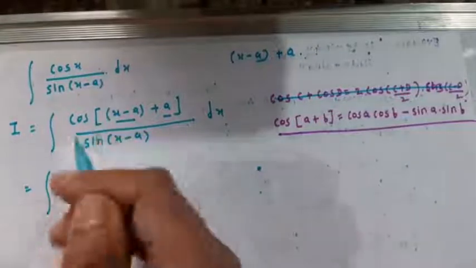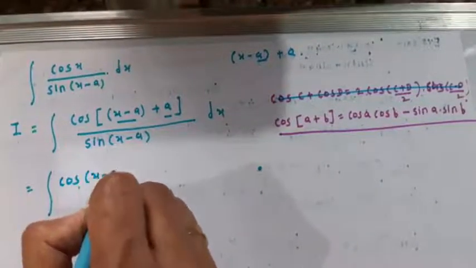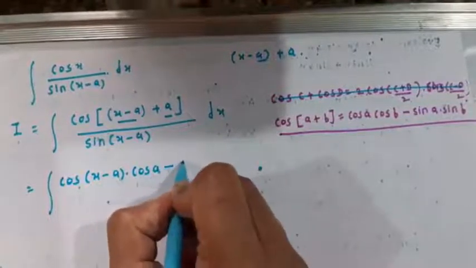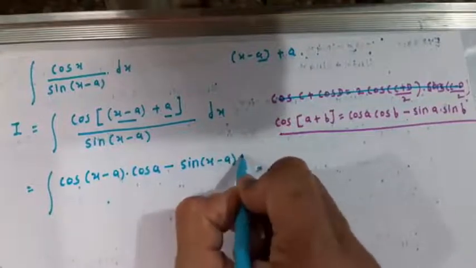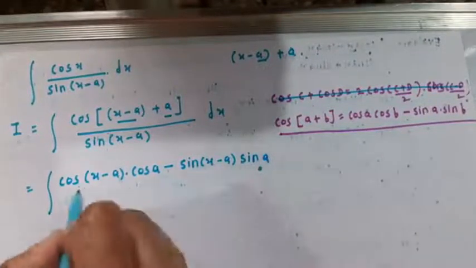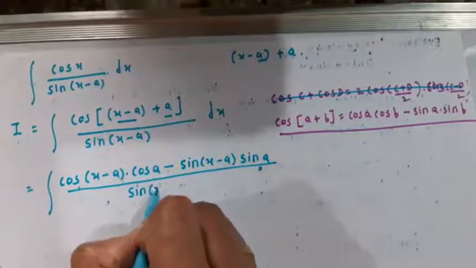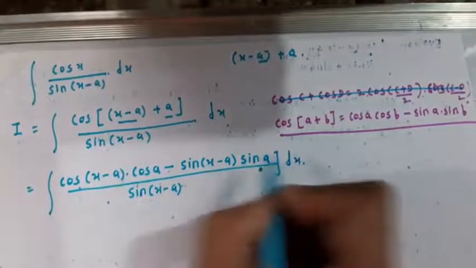Okay students, so here we have the integral of (cos(x − a) cos a − sin(x − a) sin a) upon sin(x − a) with respect to x.